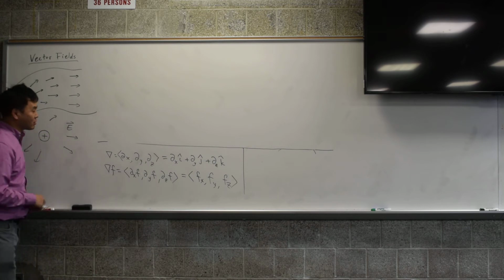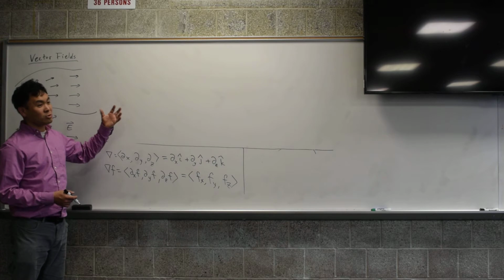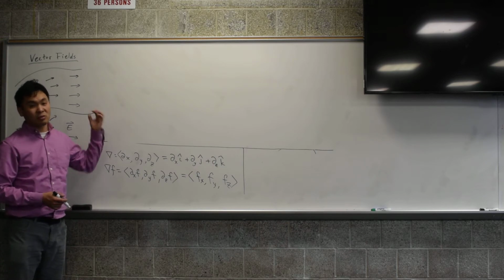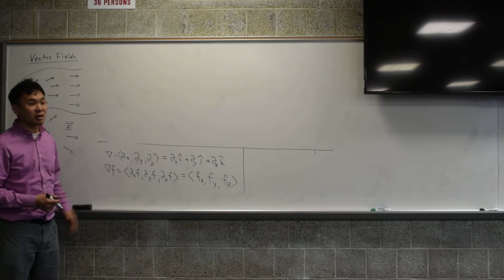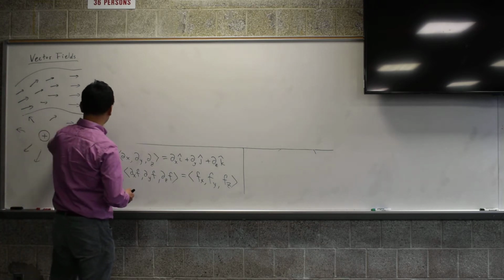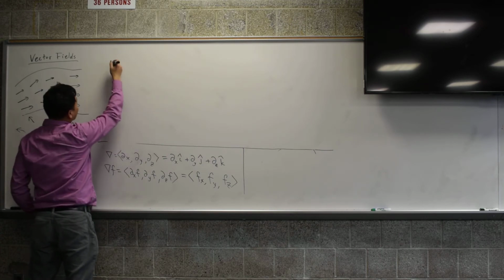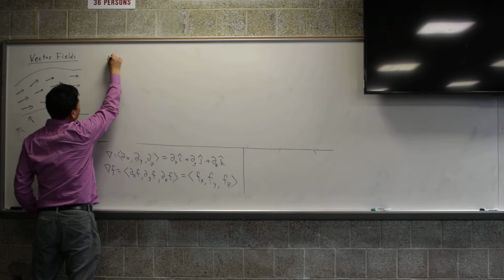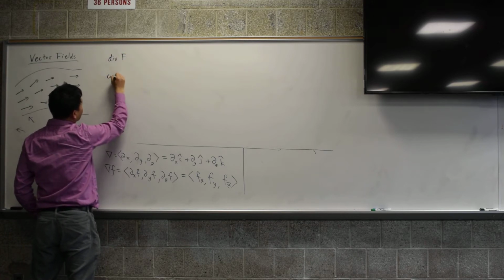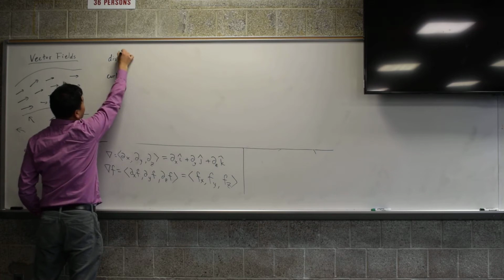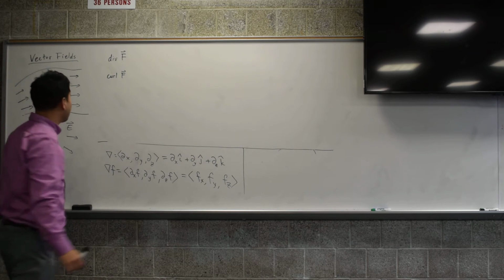Vector fields are also vectors, and if you have two vectors, we can do a dot product and a cross product. Those are what we call the divergence and curl of a function f. These are the two derivatives that we're going to use mainly.